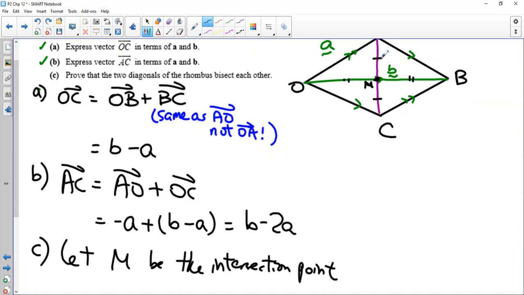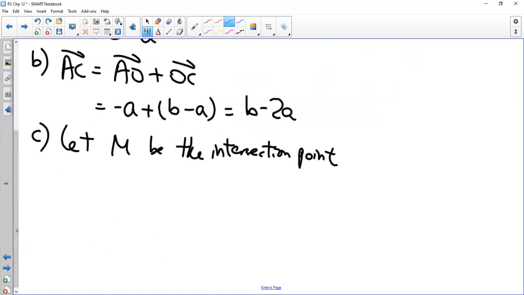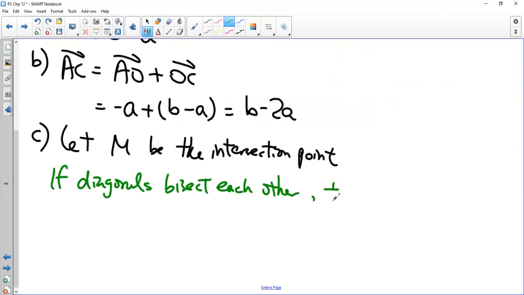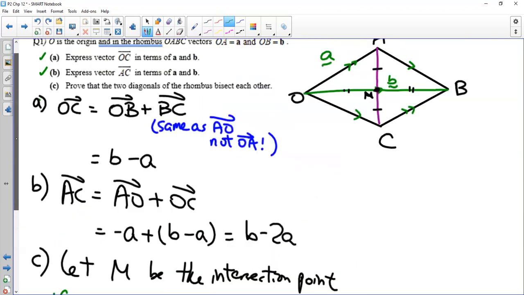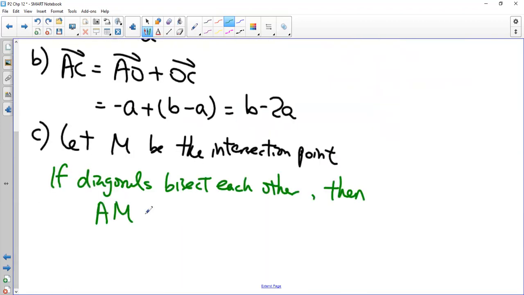So on a side note, if diagonals bisect each other, then, writing in green because this is the idea behind the maths, AM will equal MC and OM will equal MB.